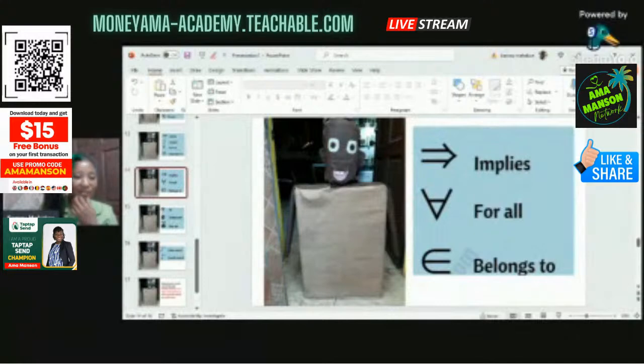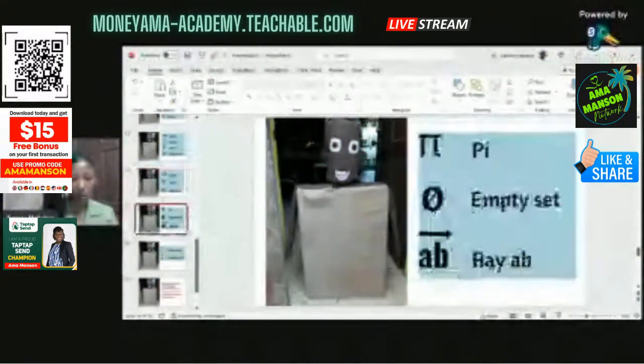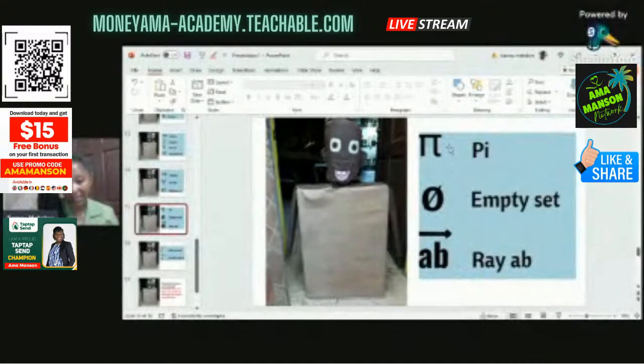All right, so as we go along, this symbol here that looks like an N, a very stylish N, is called pi, and it's a symbol that you're going to meet a lot in mathematics. It's actually a letter in the Greek alphabet.